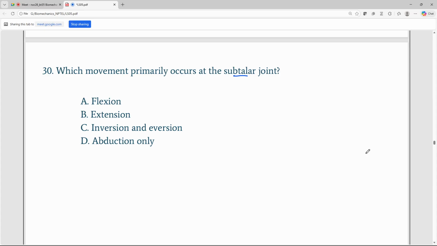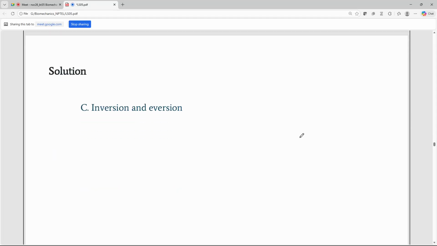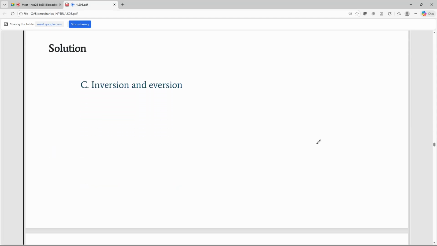Answer is option C, inversion and eversion. Inversion and eversion occur in the subtalar joint.